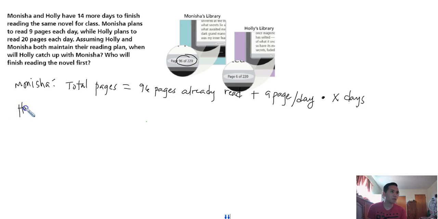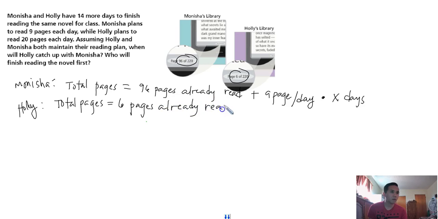While Holly, total pages is equal to 6. You see that? 6 pages already read, plus 20 pages a day, and then we multiply that by x days, the number of days.